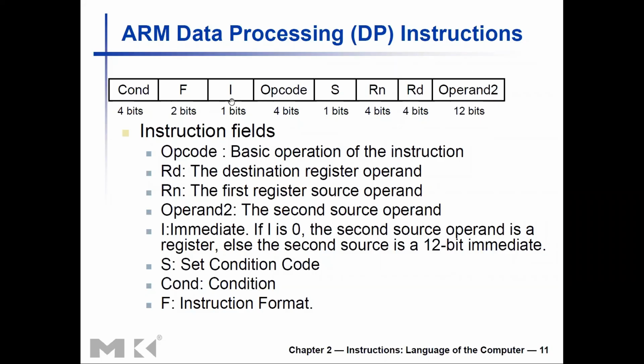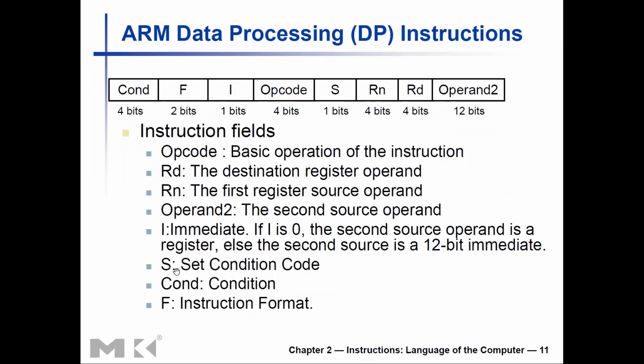And if I is 1, that is to say that we are going to use an immediate operand with this instruction, so the operand 2 field is going to be treated as an immediate operand. Now you can calculate the maximum number which can be stored here to get an idea about the maximum immediate operand you can use in an instruction. So 2 to the power 12, of course, 2 to the power 12 minus 1.